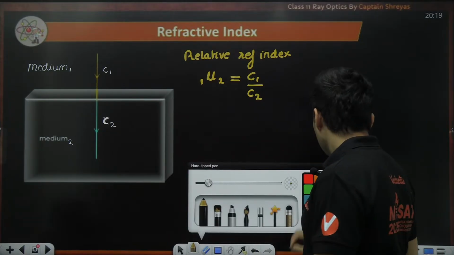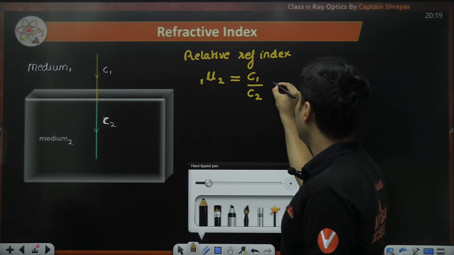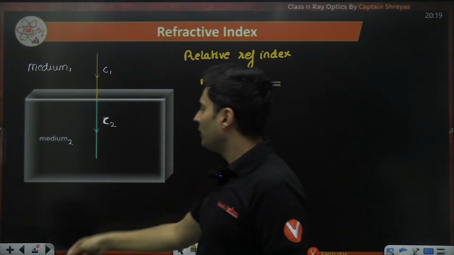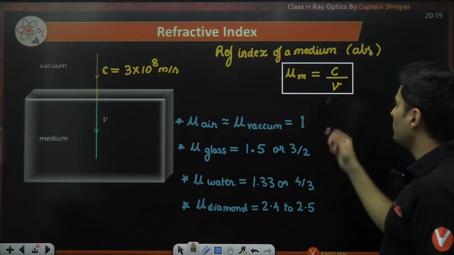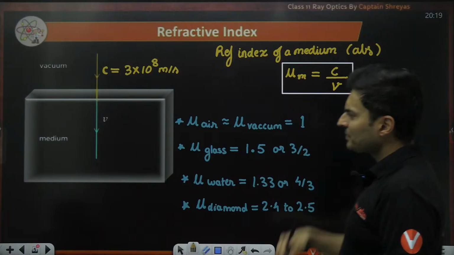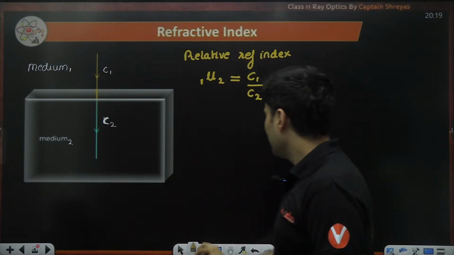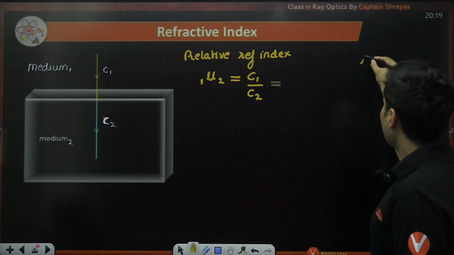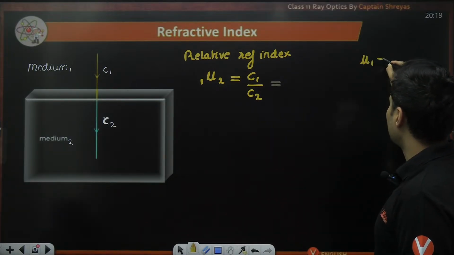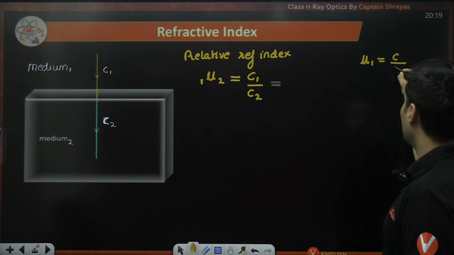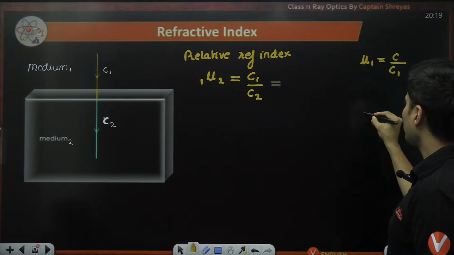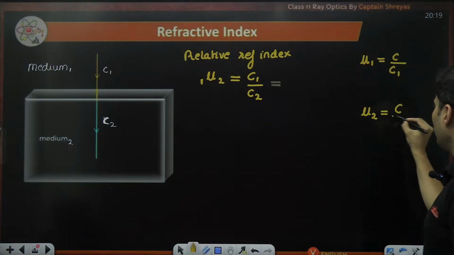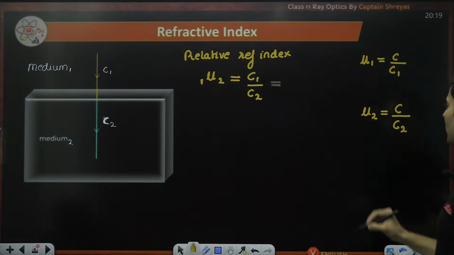Okay, we can play with this a little bit. For the speed of light in the first medium, I can use this kind of formula. I know one thing: the refractive index of the first medium would have been speed of light in vacuum upon speed of light in that medium. Similarly, the second refractive index would have been speed of light in vacuum upon speed of light in that particular medium.